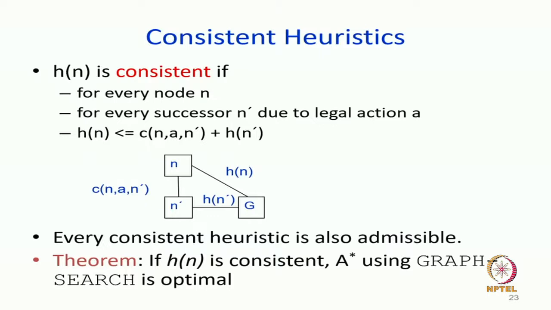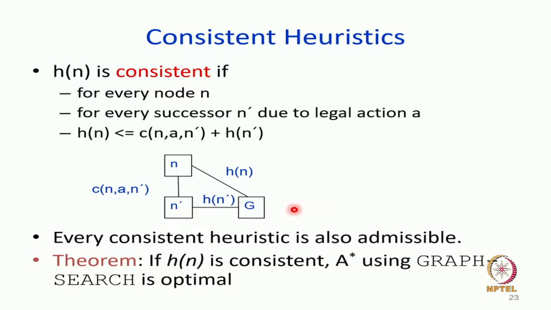And H(n) is consistent if for every node n and for every successor n prime due to some action a, the triangular inequality is satisfied, which basically means that the estimated cost from n to the goal is less than or equal to the actual cost that you pay right now when going from n to n prime, plus the estimated cost from n prime to the goal.